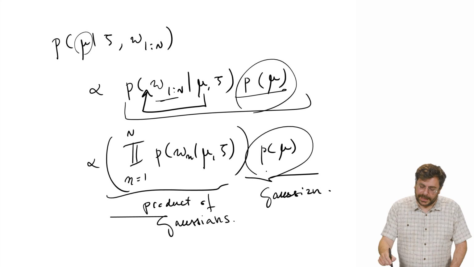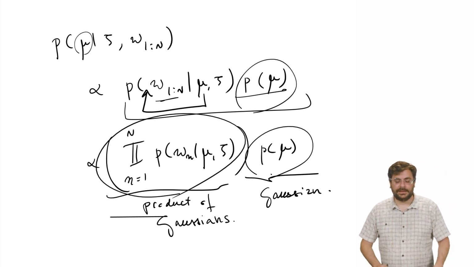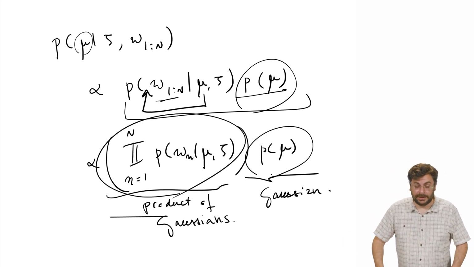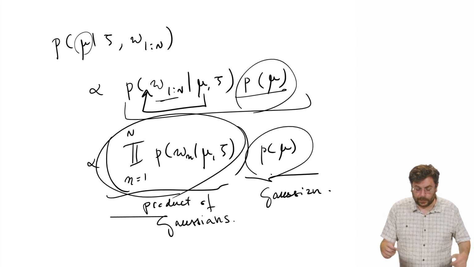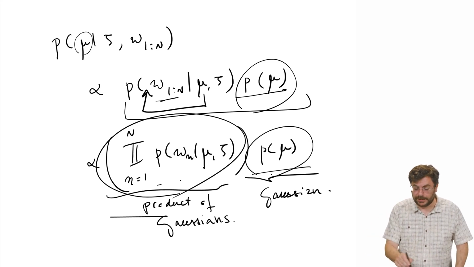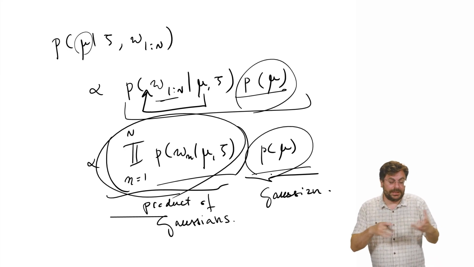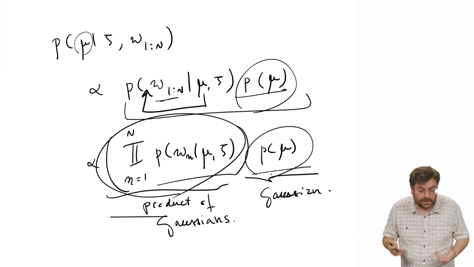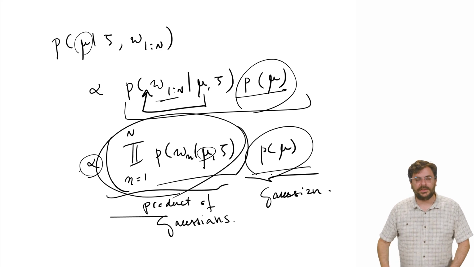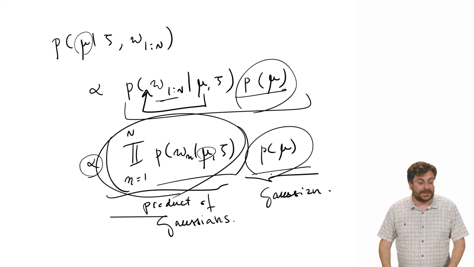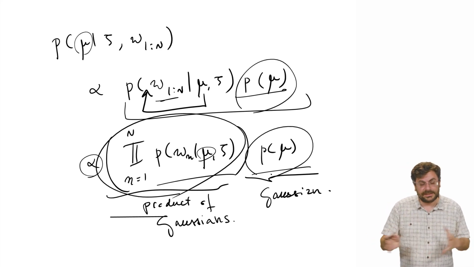So when I multiply a Gaussian by a product of Gaussians, I simply get another Gaussian. So what I would have to do, multiplying this by this, is complete the square and make it look like a Gaussian in terms of mu. And again, what about all these other terms? I don't care because they don't depend on mu. They're just going to be constants outside.